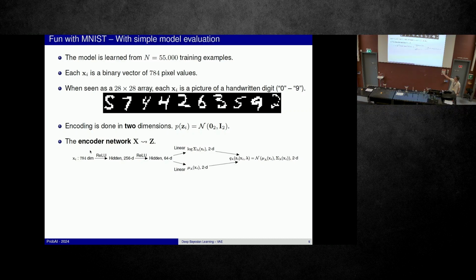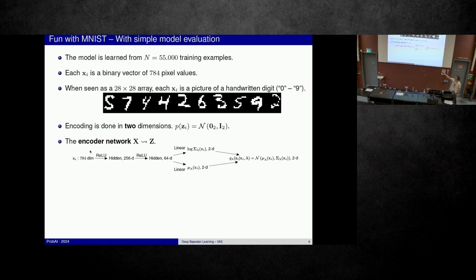We assume an encoder network like this, so we are encoding from the data space to the latent space. We have an input 784-dimensional vector that is being mapped down to a 256-dimensional hidden representation, and then also applying a ReLU activation function. Then we are mapping down to 64 dimensions.